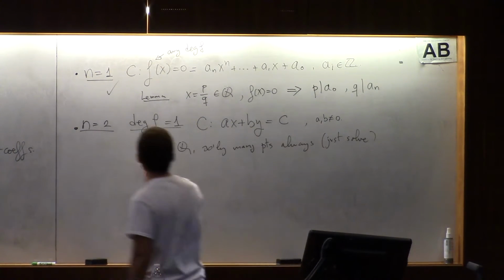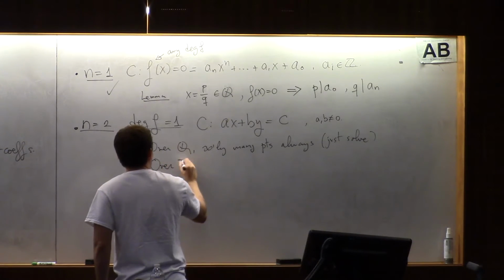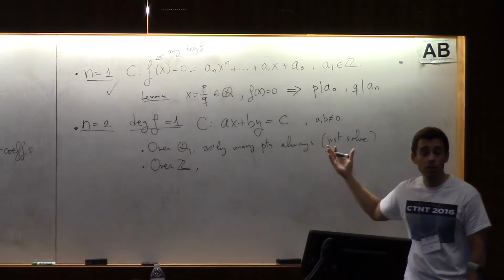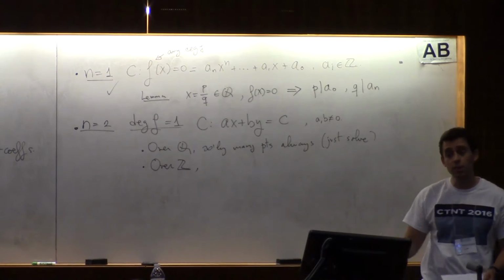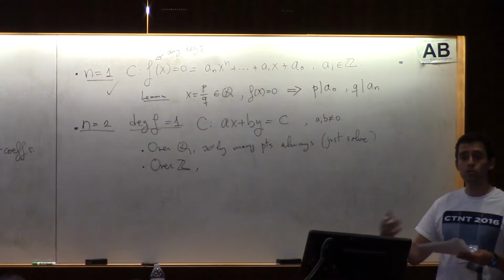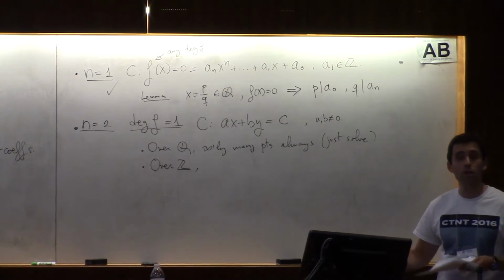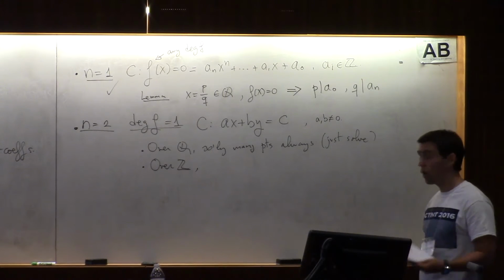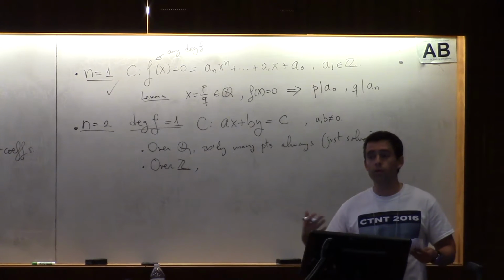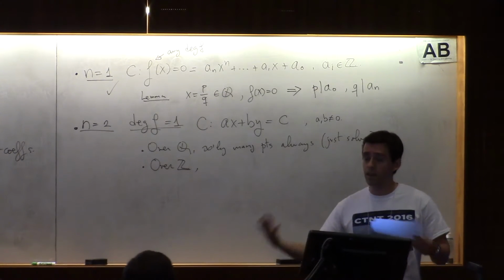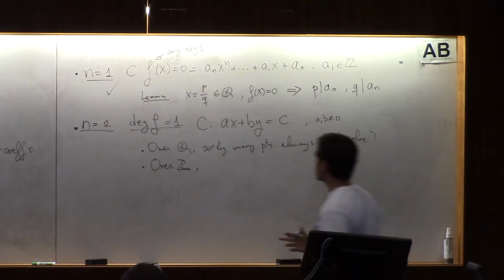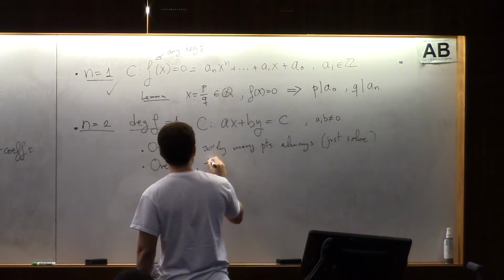How about over Z? This is one of the first things you learn in an elementary number theory course. That's a linear Diophantine equation. You learn Euclid's algorithm, you go backwards in Euclid's algorithm, and you solve what's sometimes called the Bezout equation. But to solve that, you have to develop the whole theory of divisors and GCDs, and then Euclid's algorithm comes in.